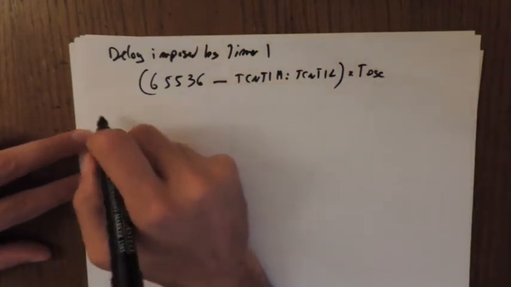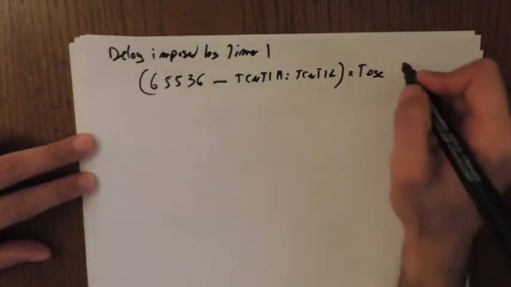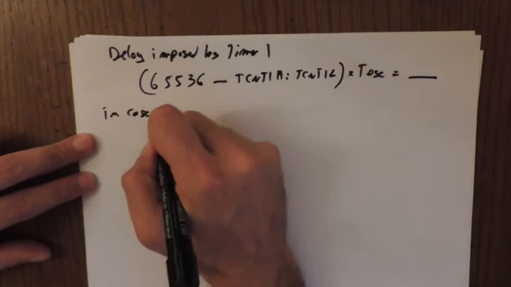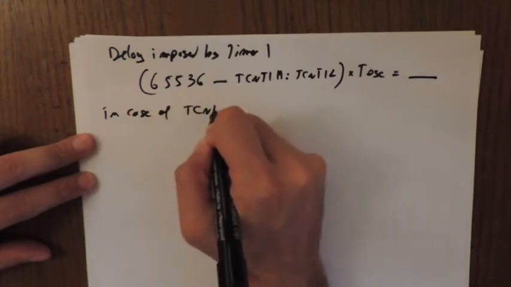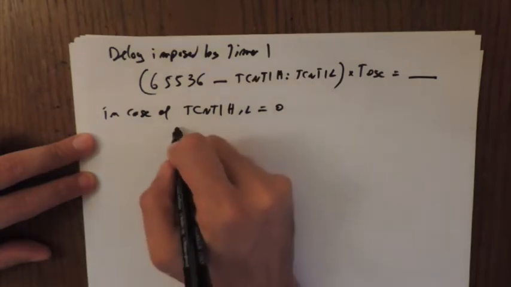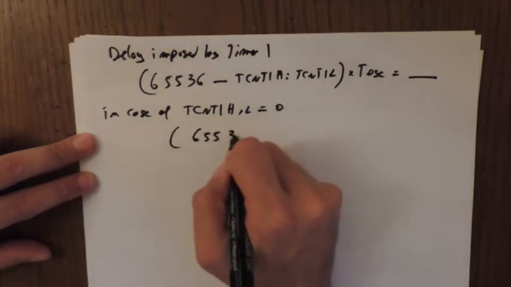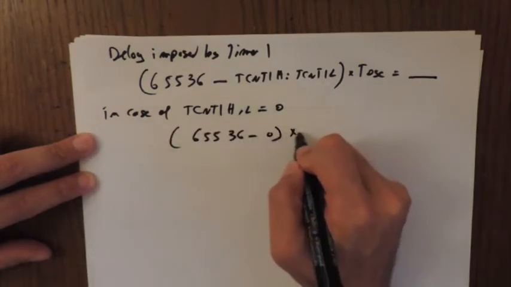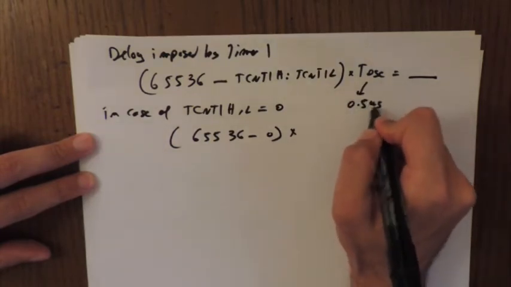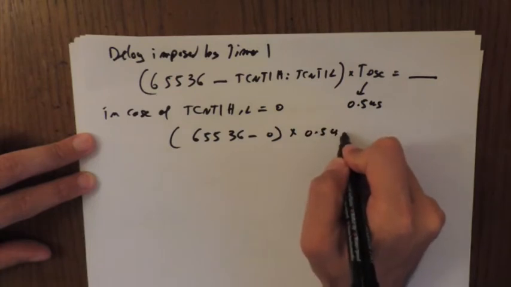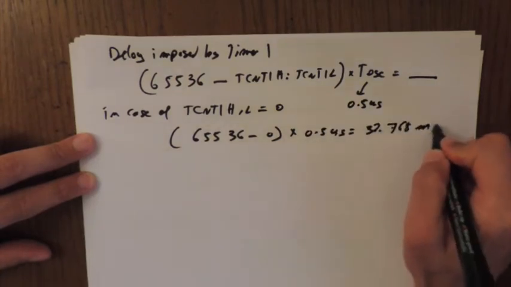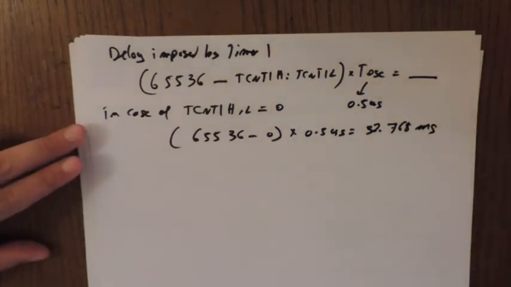In case timer counter 1 high and low is equal to 0, this will be 65536 minus 0 times, in our case, 0.5 microseconds. We get 32.768 milliseconds, as I demonstrated before.